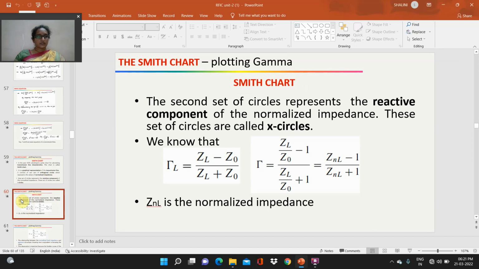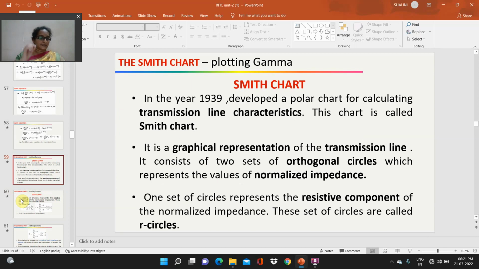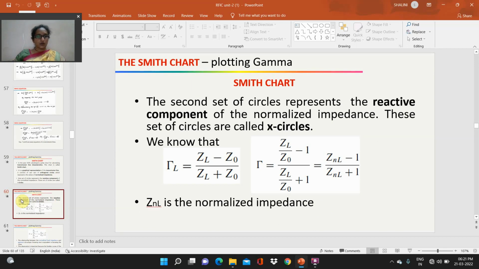The second set of circles represents the reactive component of the normalized impedance. These are called X circles. The first set are the resistive components, or R circles, and the second set are known as X circles.